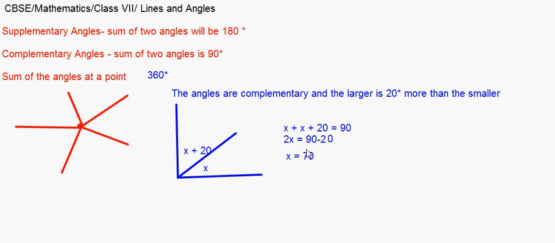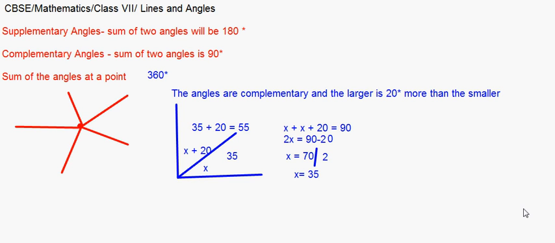Now x will be 70 by 2 because I missed that 2. That's giving me x equal to 35. If x is 35, the bigger angle will be 20 plus 35, and that's 55. To check your answer, you can see that 55 plus 35 gives us 90. So we are right in our answer.